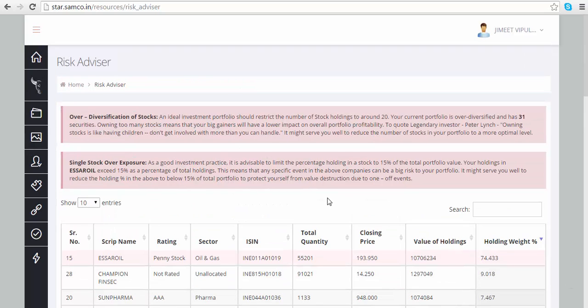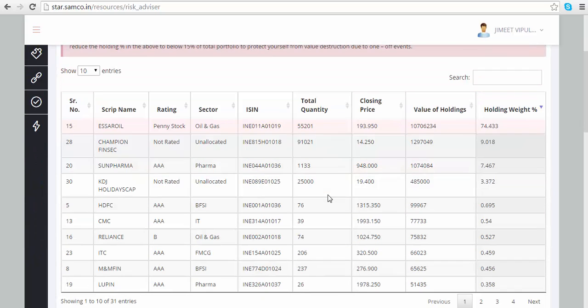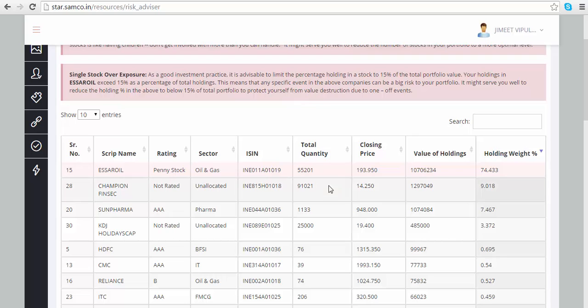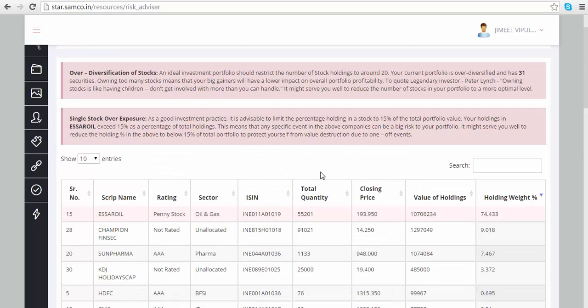Same way, some of the world's greatest investors have said that putting all your eggs in one basket can be disastrous. Hence, the Samco Risk Advisor mines data to help you identify single stock overexposure and extreme concentration in your portfolio.